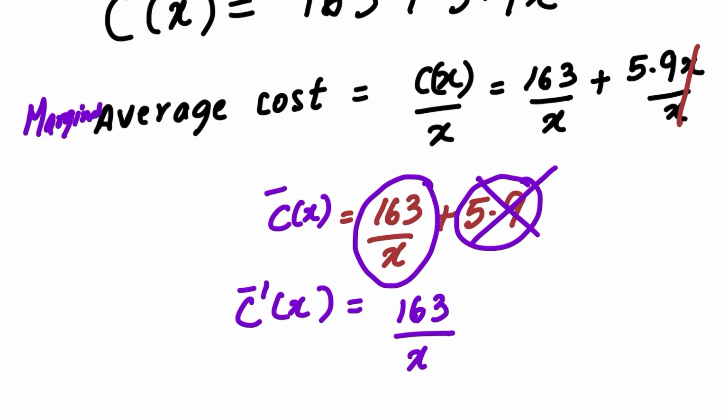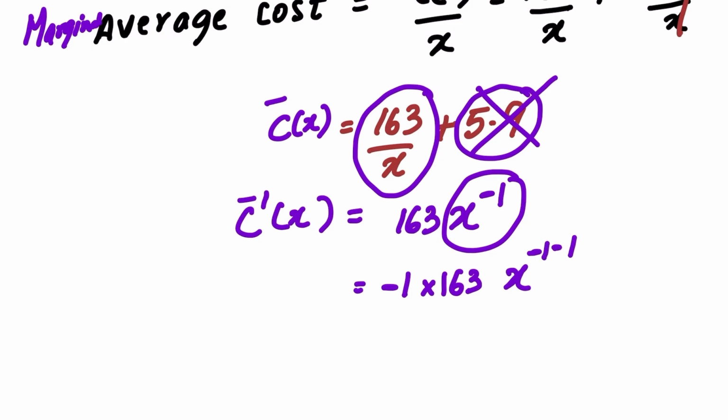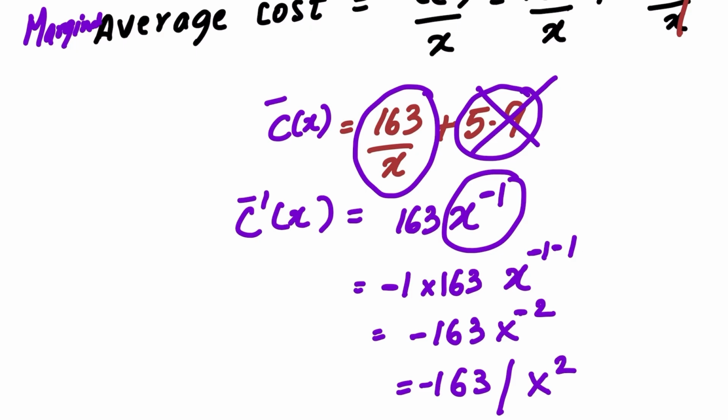I'm going to rewrite this as 163 x to the power negative 1, because 1 over x is x to the power negative 1, and the derivative of x to the power negative 1 is negative 1 times 163 x to the power negative 1 minus 1, which is negative 163 x to the negative 2, which is negative 163 over x squared.